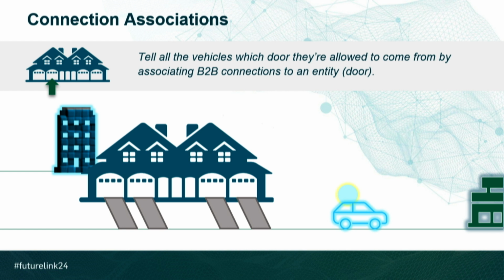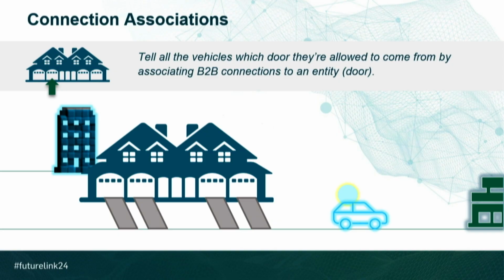And you can associate B2B connections either at the company level or the location level, so that when you're sending out the transactions, you know that those transactions are coming from the right entity. When you're receiving the transactions, you know that they're going to the right entity.